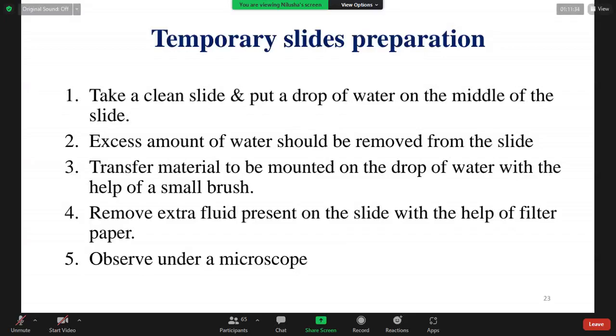Someone asked why we can't use some adult insects. I already told you. The dry preservation method is not suitable for some insects. Some insects have soft bodies, because in dry preservation we are going to dry the specimen.